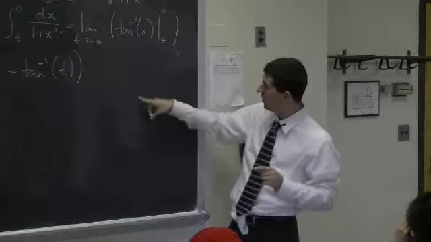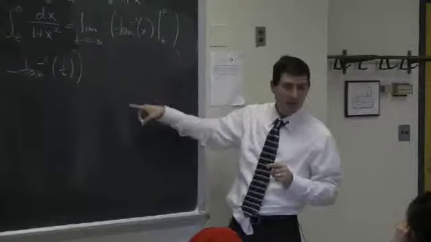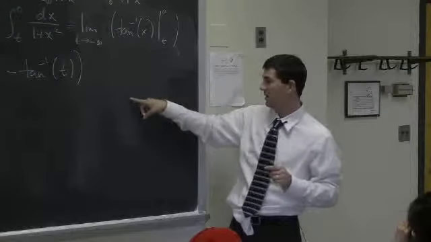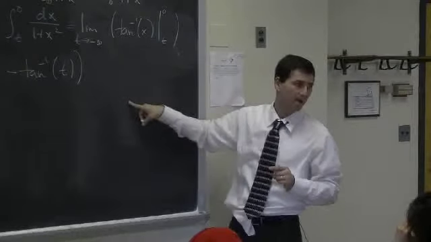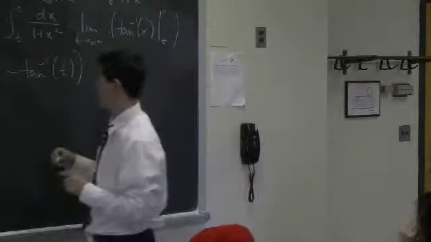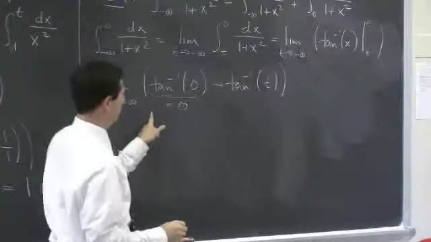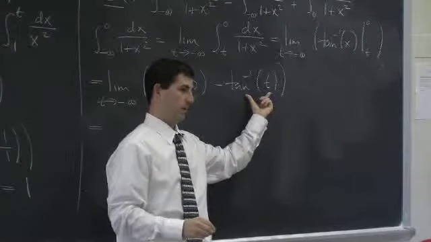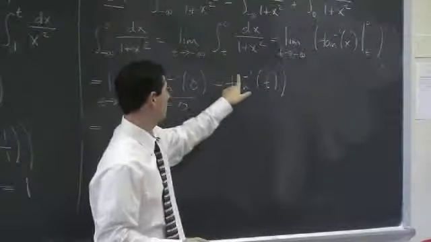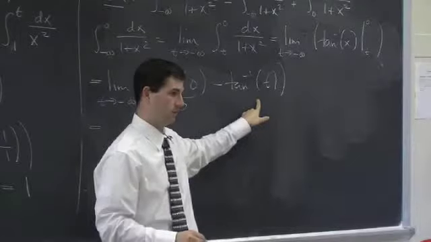Down here, the sine is negative and the cosine is still positive, so this would be going to minus infinity. So that's the angle we want, minus pi over 2. So as t goes to minus infinity, arctan of t goes to minus pi over 2. And so we get 0 minus minus pi over 2, which is pi over 2.